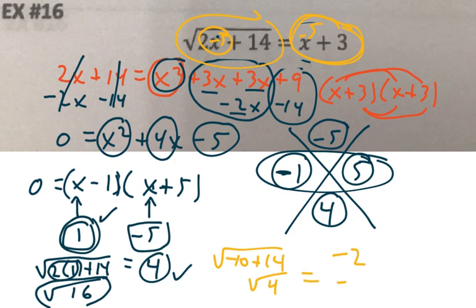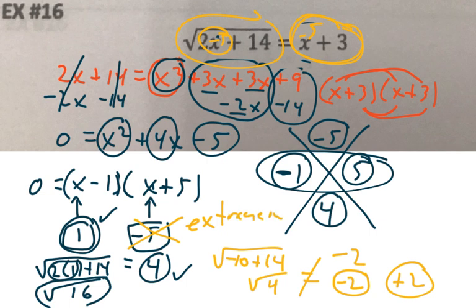Is the square root of 4 negative 2? No. Square root of 4 would be positive 2. So because negative 5 did not work, it's what we call extraneous. So we have exactly one answer, positive 1. Let's go on to the next one.